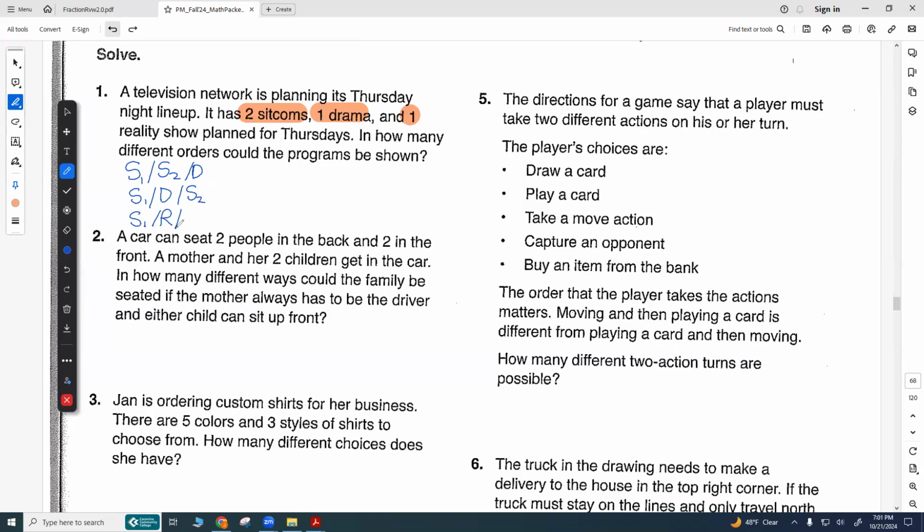Sorry, I'm getting stuck. There's 6 different combinations. Yeah. Then. Yeah.